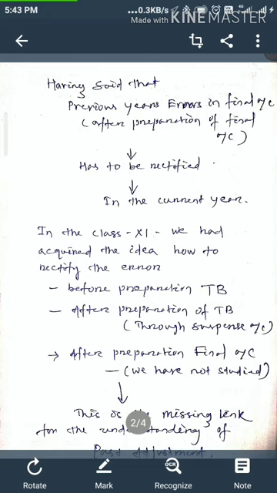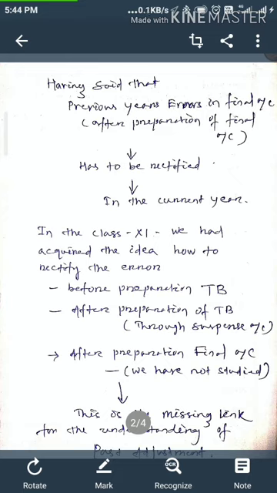So whatever error we have made, we rectify by passing a journal entry. Having said that, our topic, past adjustment, is about a previous year error in the final account, which after preparation of the final account has to be rectified in the current year in the partnership form of business.